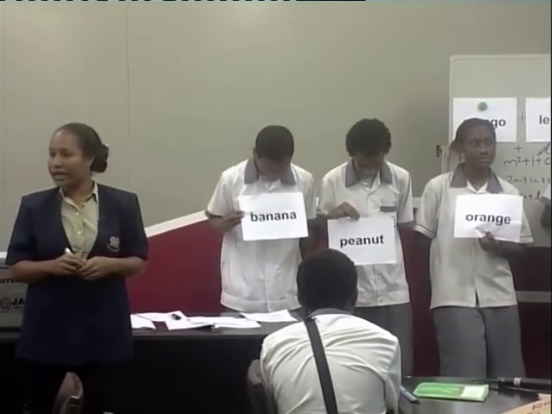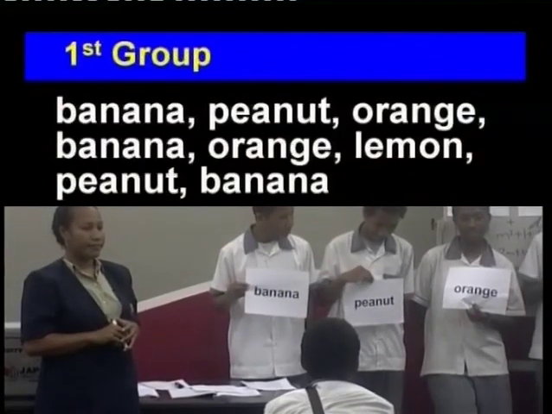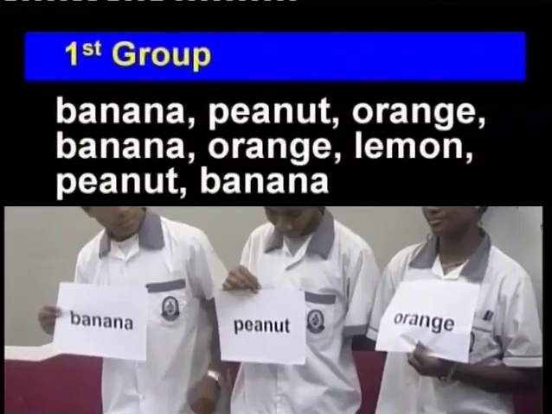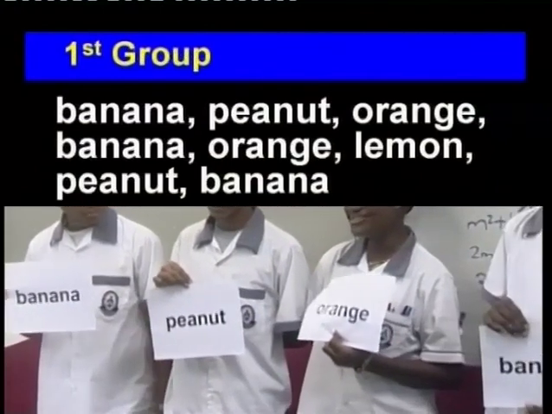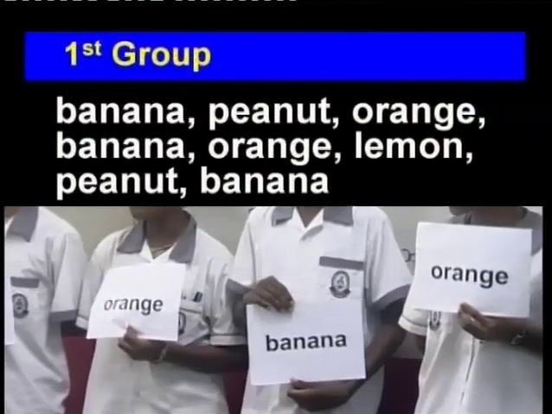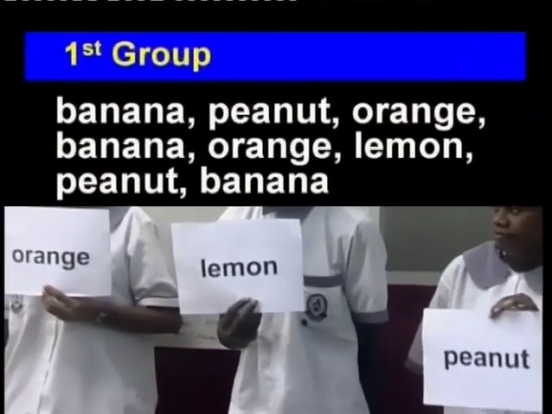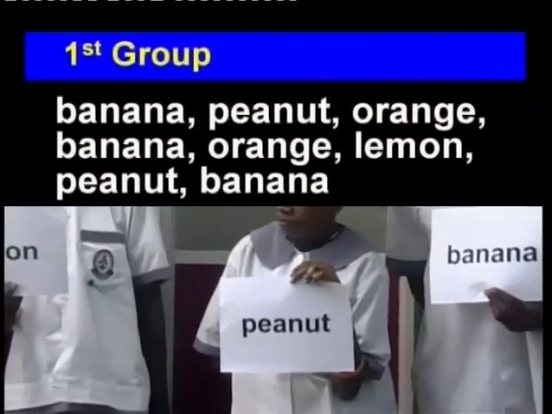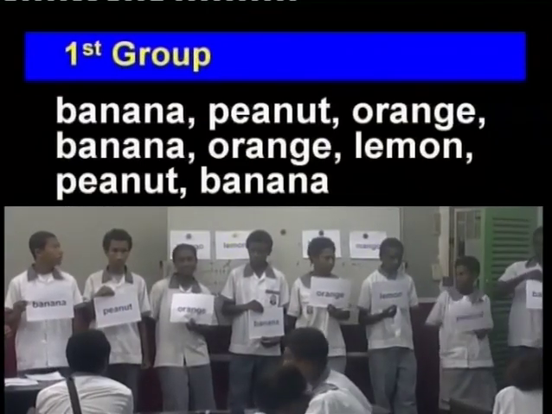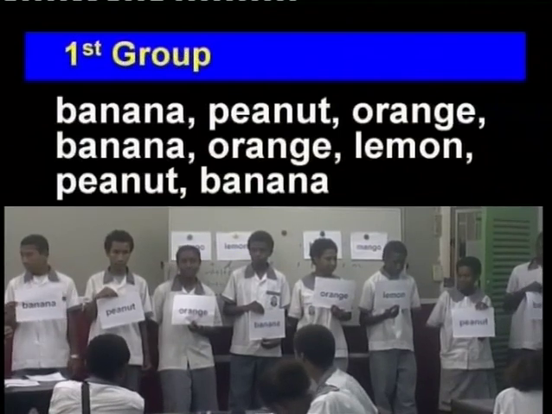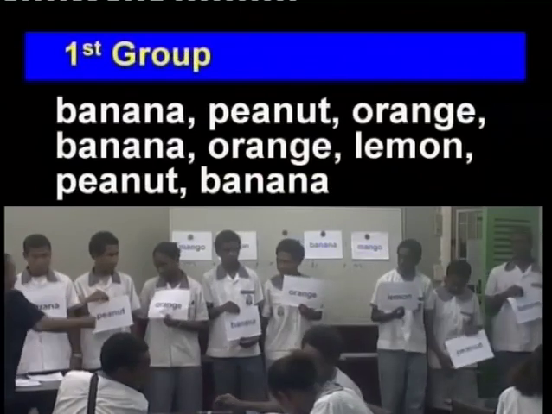Write it down quickly on a piece of paper. Receiving students, do the same. Watch the model class, the first group. Write your number sentence. We'll start with this group first. Get closer, closer.